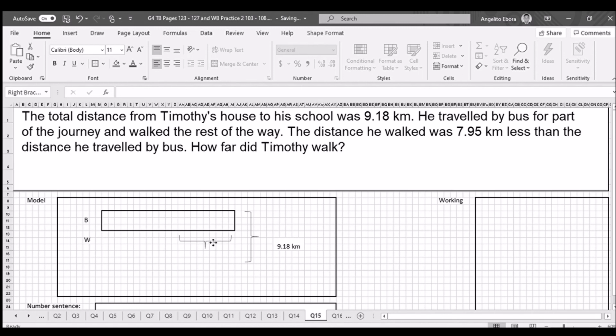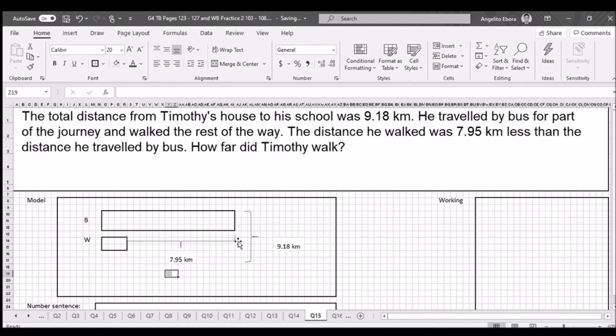Here. 7.95. So 7.95 kilometers. So how do we get this part? The one that he walked.